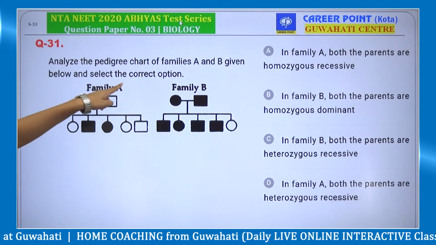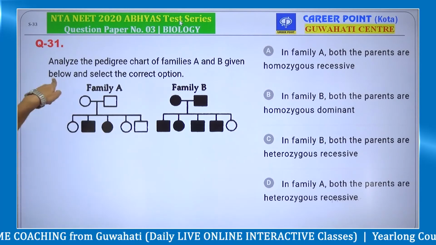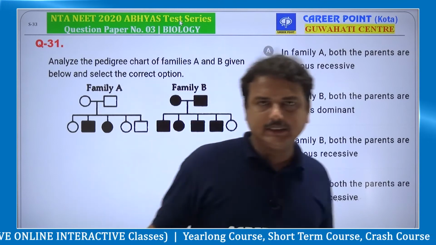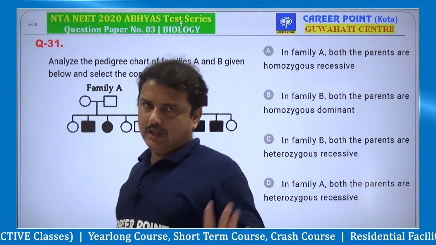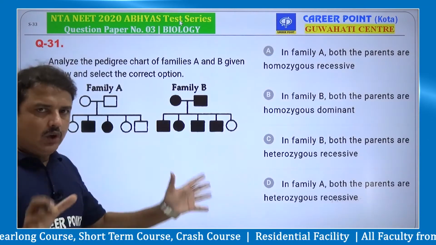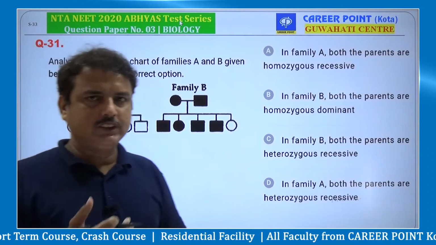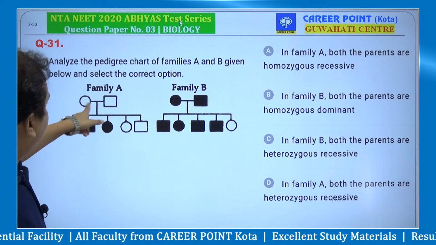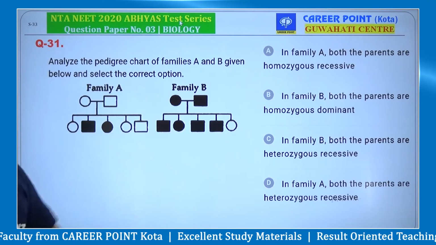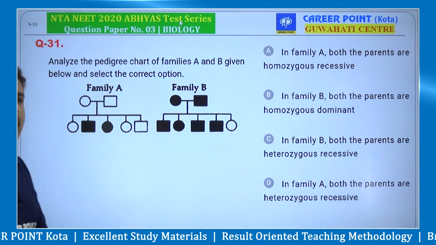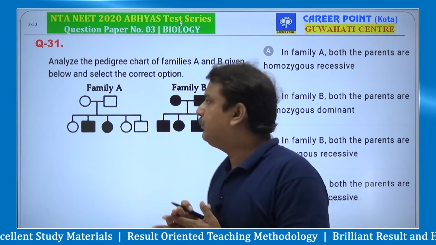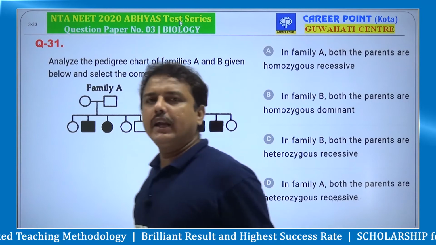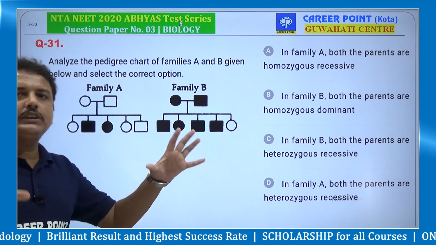Analyze the pedigree chart of families A and B given below and select the correct option. Now, this question is from the pedigree analysis chapter, chapter number 5, class 12. Now as you know, to do pedigree analysis, first of all you can immediately see whether it is recessive or dominant for family A and B. Please remember, when affected individuals are there in both generations, that is considered dominant.